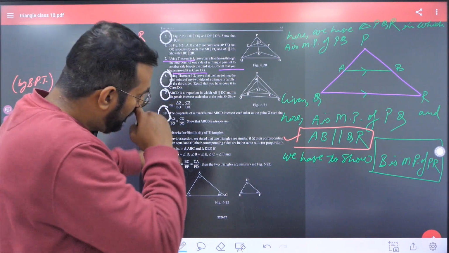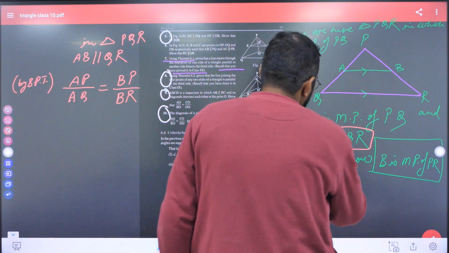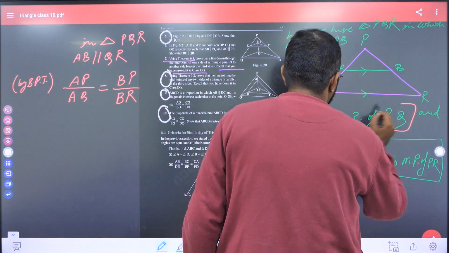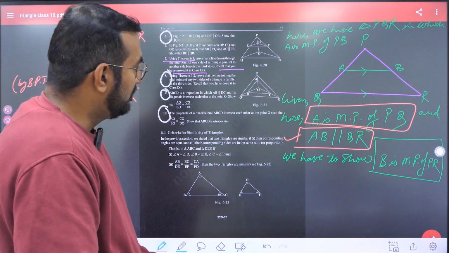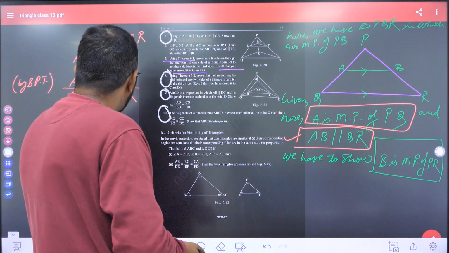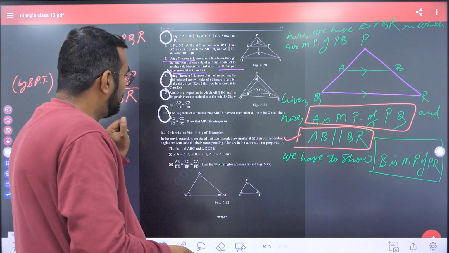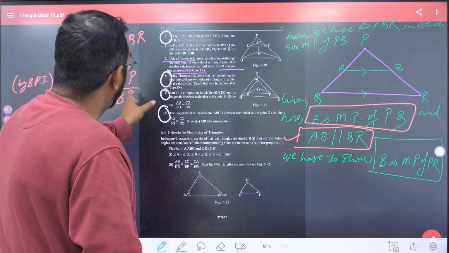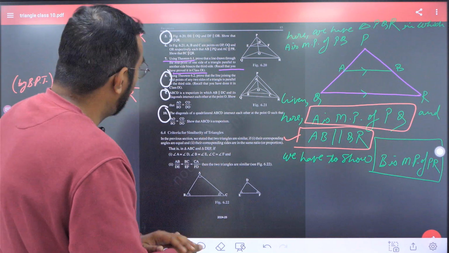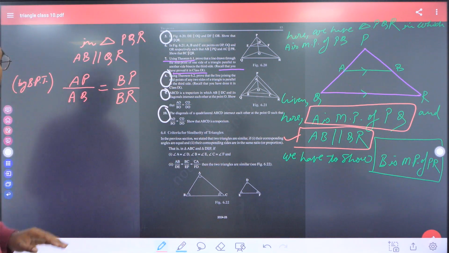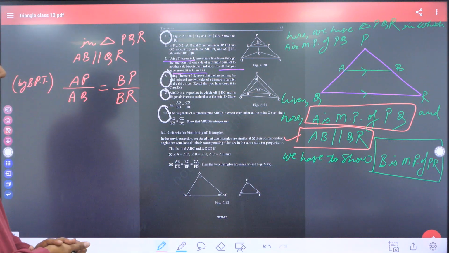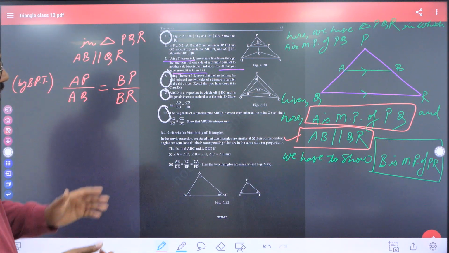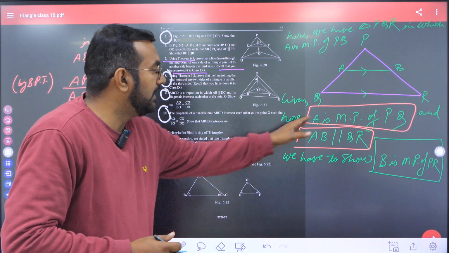But we haven't utilized that A is the midpoint of PQ, so we have to utilize it also, because we have to prove that B is the midpoint. Try to utilize the fact that A is the midpoint and see what you can deduce from it.